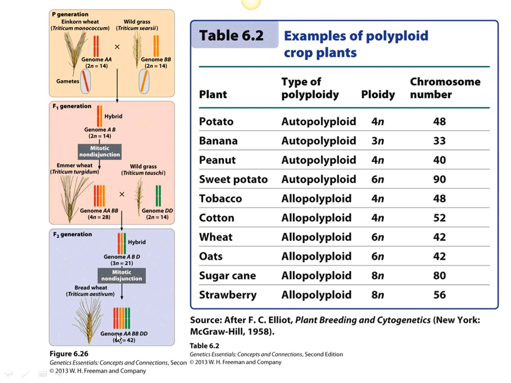That's the genus species name of your common bread wheat. Triticum aestivum, though, is actually a hybrid between 3 different types of Triticum or wild wheat. So you have einkorn wheat, which is Triticum monococcum, Triticum searsii, and then Triticum turgidum. I'm not sure how to pronounce that one.